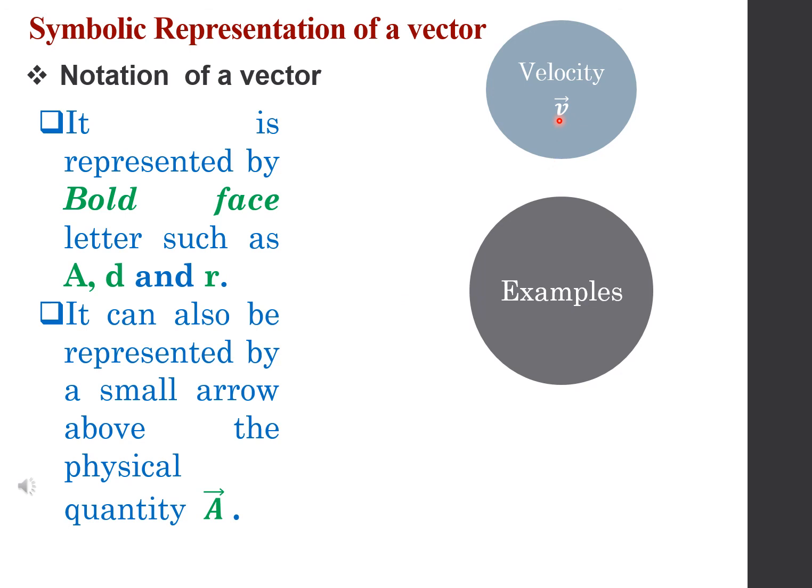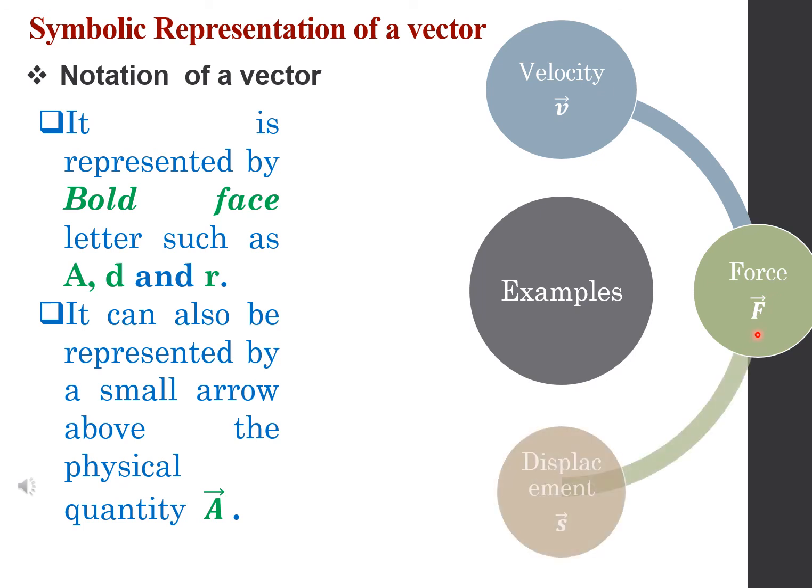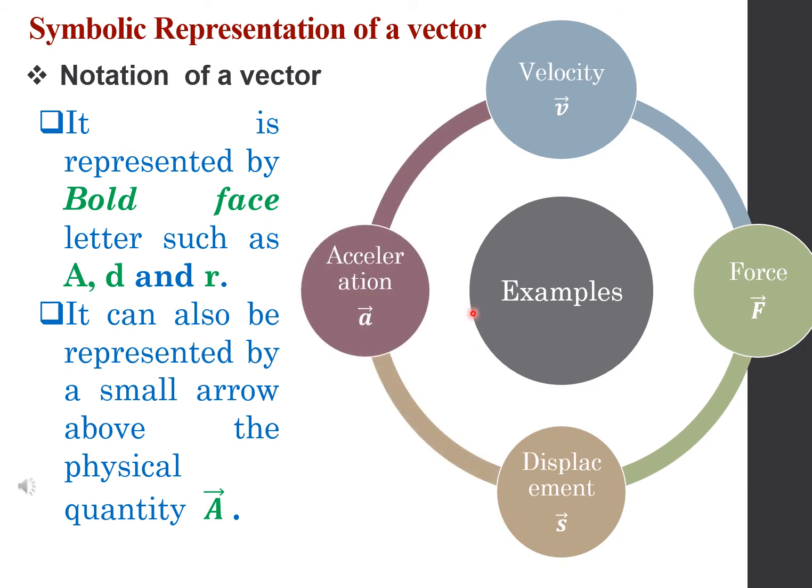Velocity is a vector quantity and symbolically it is represented by a small arrow above the letter V. Force is a vector quantity and symbolically it can be represented by a small arrow above the letter F. Displacement is a vector quantity and symbolically it can be represented by a small arrow above the letter S. And acceleration is also a vector quantity, so symbolically it can be represented by a small arrow above the letter A. These are a few examples of symbolic representation of a vector.